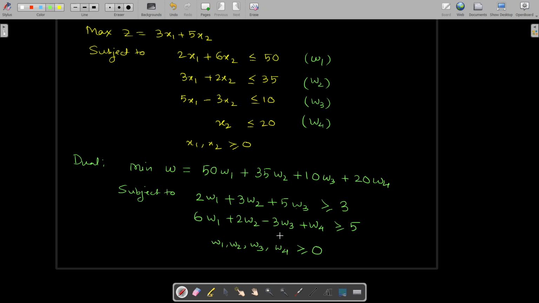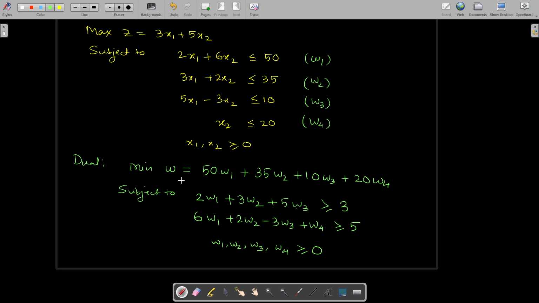Now for this example, let's revise it once again. We are given a primal problem, that is maximization of z equal to 3x1 plus 5x2 subject to these constraints. For each of the constraints, we construct w1, w2, w3 and w4, these new four variables. If it has two constraints, then in the dual problem there will be only two variables, and so on.